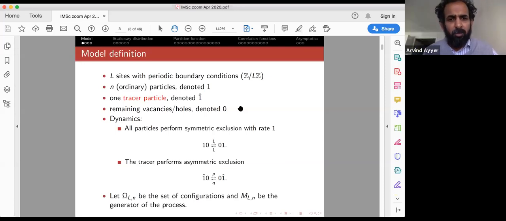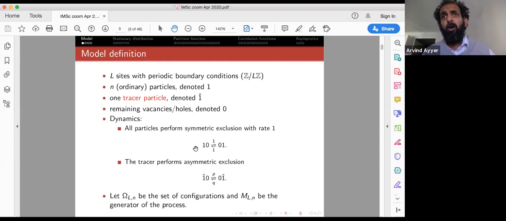Okay, good. So now the dynamics. This is going to be a Markov process. It's a continuous time Markov process, but without getting into too much detail, I can roughly describe what the dynamics is as follows. Suppose there is a particle and a vacancy adjacent to it, either on the left or on the right.